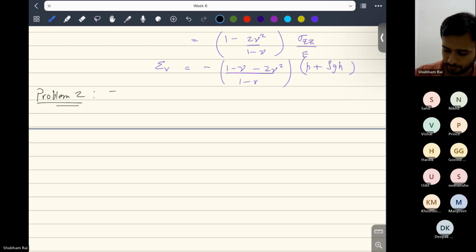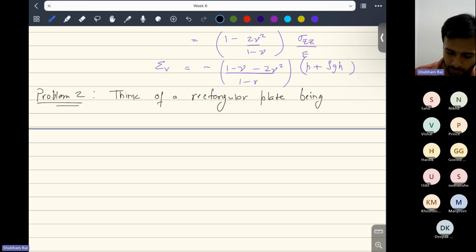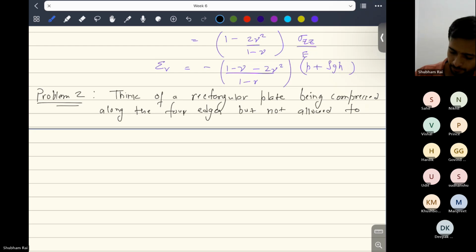Problem number 2 is you have to think of a rectangular plate being compressed along the four edges, but not allowed to expand or contract in its thickness direction.